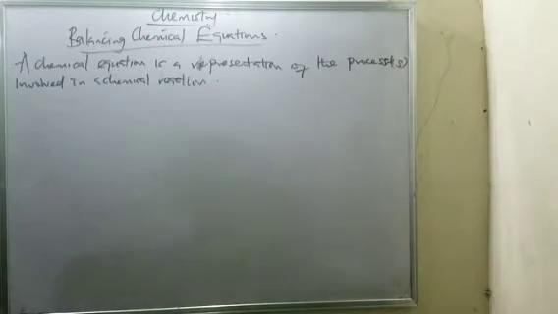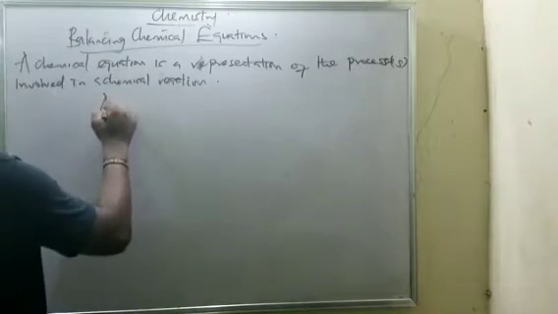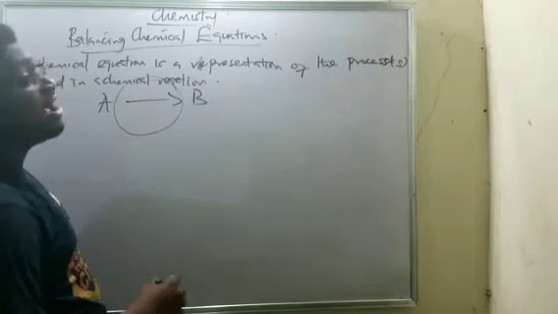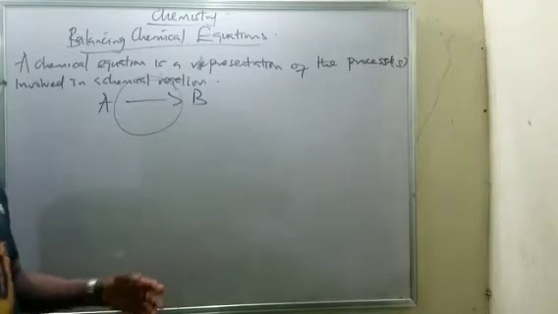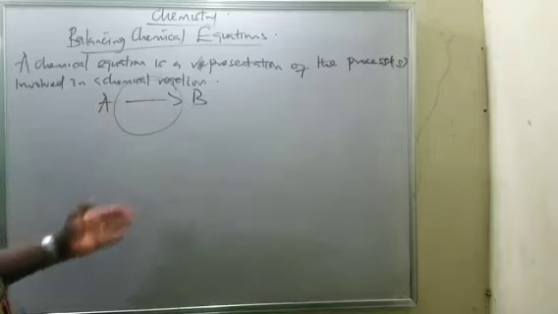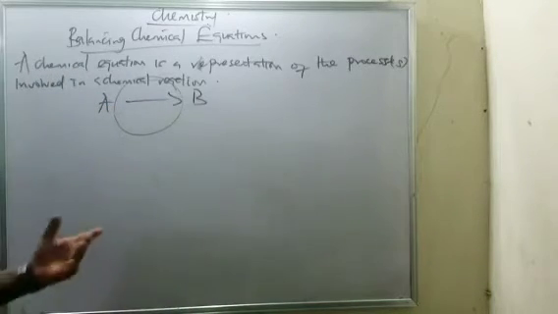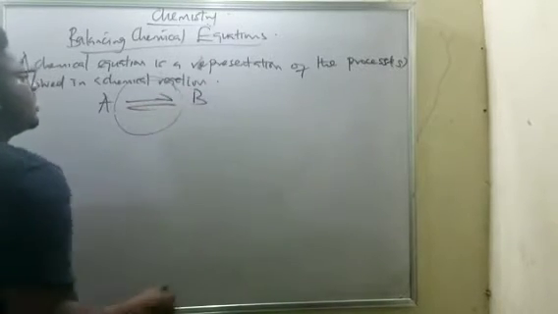And chemical equations, they have two sides. We have side A to side B. There's always an arrow that shows a chemical equation. There are different kinds of chemical equation. There's reversible and there's irreversible. This kind of reaction is irreversible, where we just have the arrow going forward. But in case of equilibrium and so on, we can also have this kind of equation.